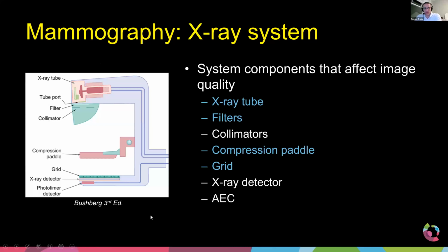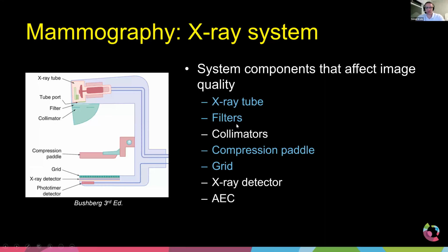So looking at the machine, let's talk about the various different functions or factors in this machine that we need to optimize to get good spatial resolution and good low contrast, but do it in a way to have low dose. So completely conflicting, as I hope I just established.